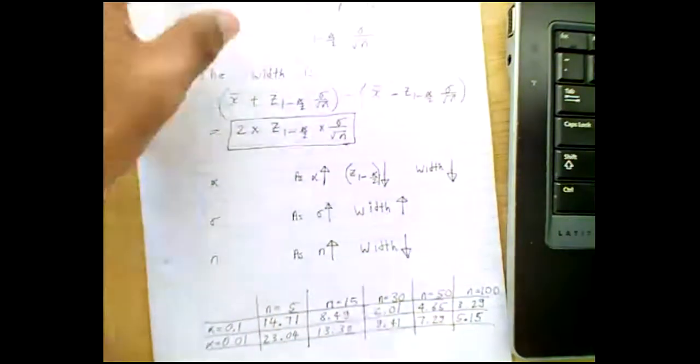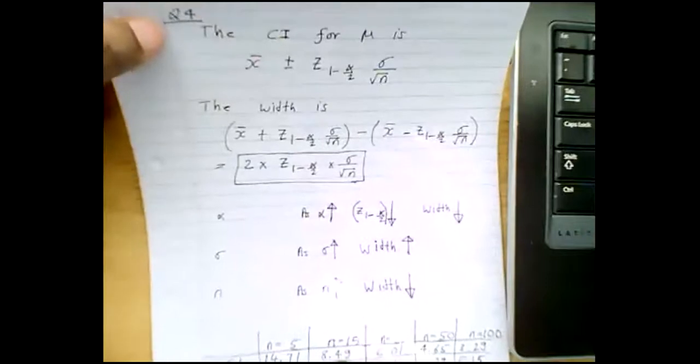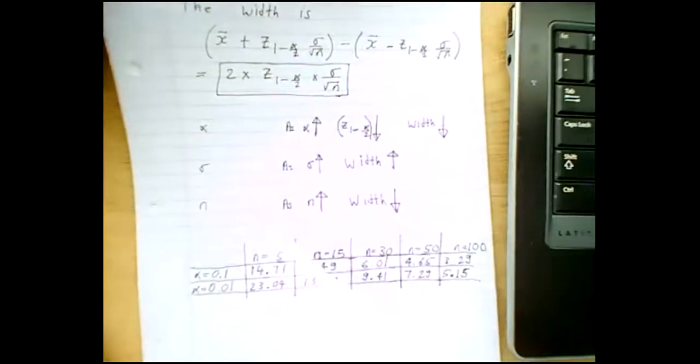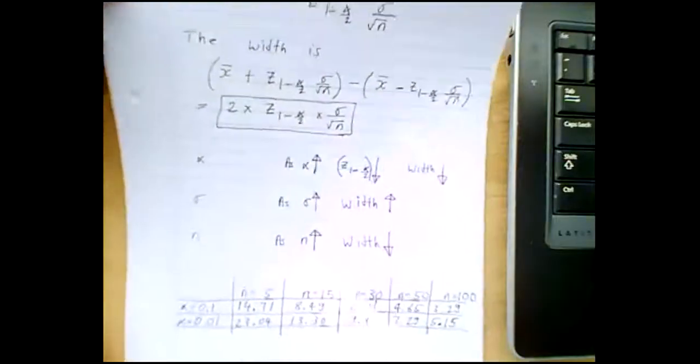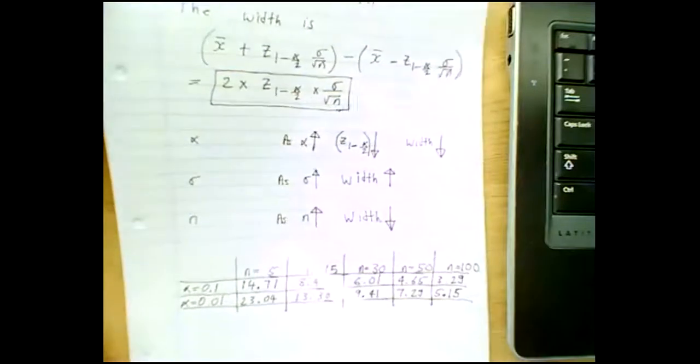So that completes question 4, unless you have questions. Are you okay with this? Hello, guys, talk to me. Are you okay with question 4? Or do you want to ask me some questions?